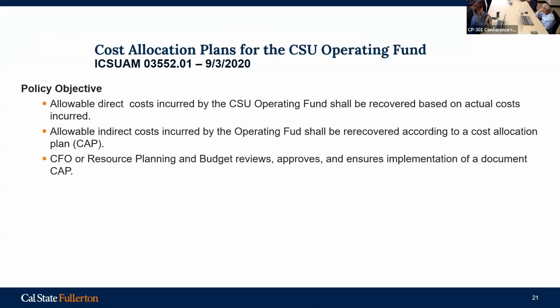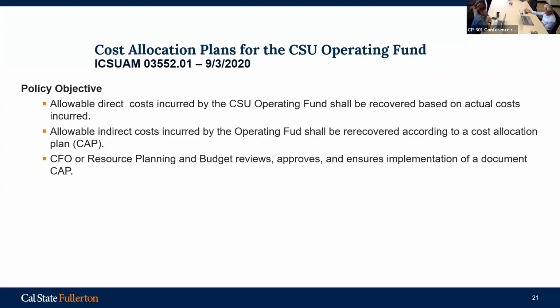So the policy objective is that we have to identify costs that are allowable. Allowable means that it is allocable. Allowable means that we have removed all the items that we should not allocate. And the one in charge of all these operations for each campus is the VP for Finance, or the CFO.